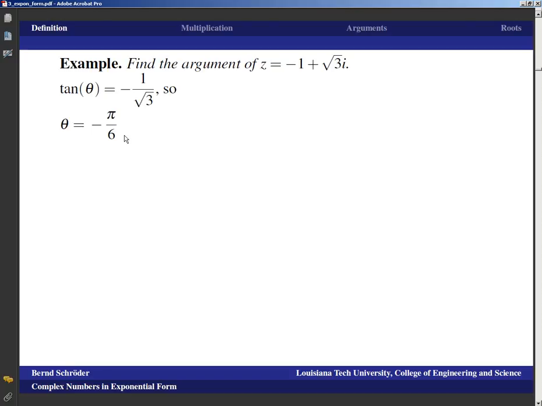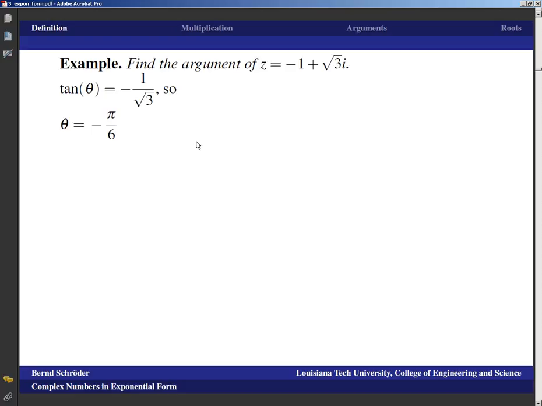But then let us also notice that this number is actually in the, well, which quadrant is that? This number is in the second quadrant, right? Because x is negative and root 3 is positive. And the inverse tangent only gives us numbers in the first and fourth quadrants.